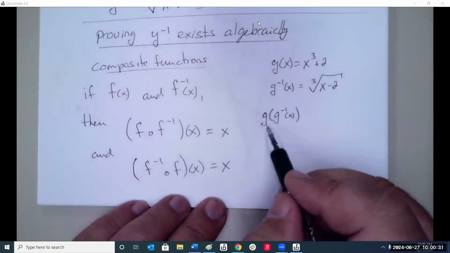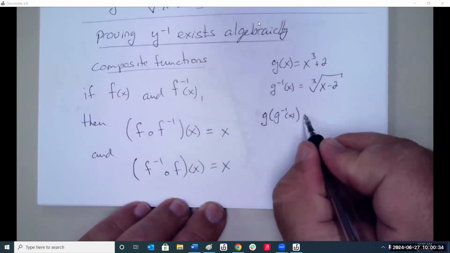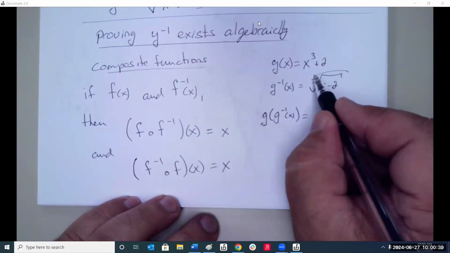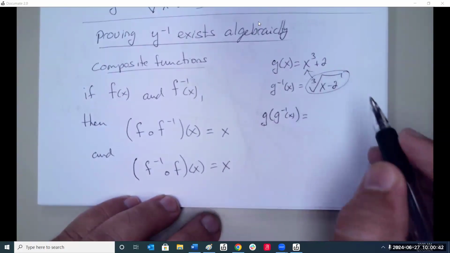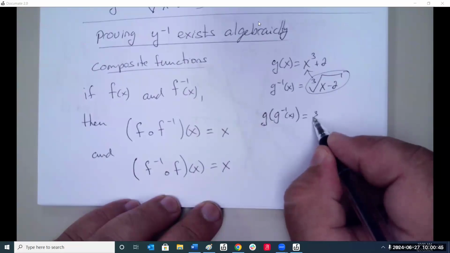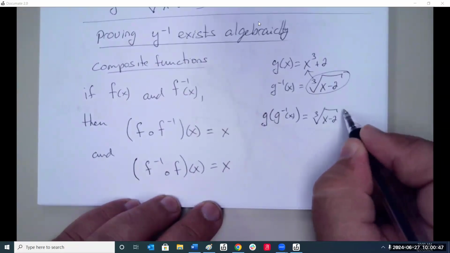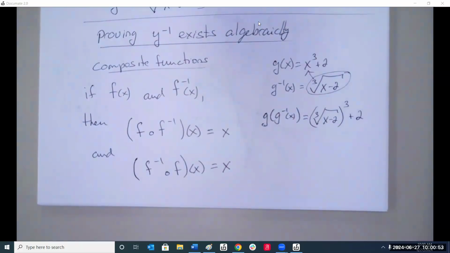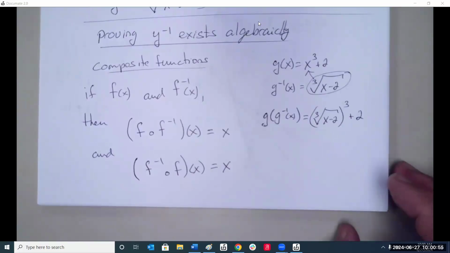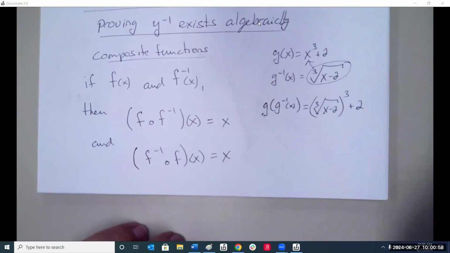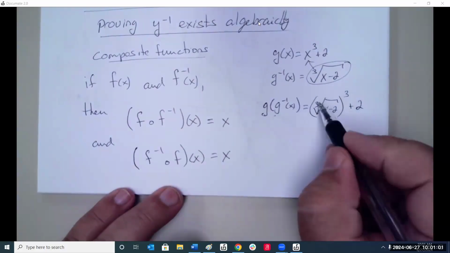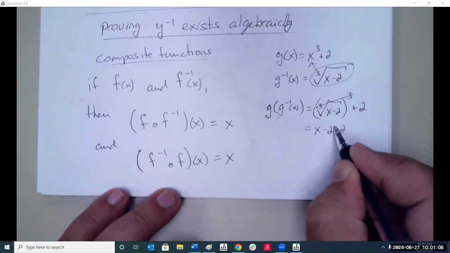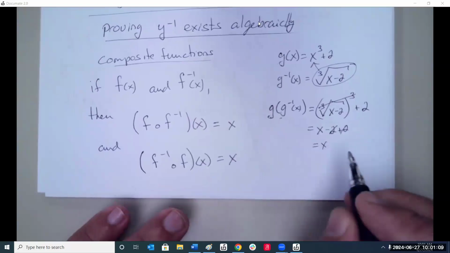Let's do the g of g inverse first. What this says is this equation goes in place of x. So the cube and cube root cancel, so we're left with x minus 2 plus 2. The 2's cancel, so it equals x. Check.